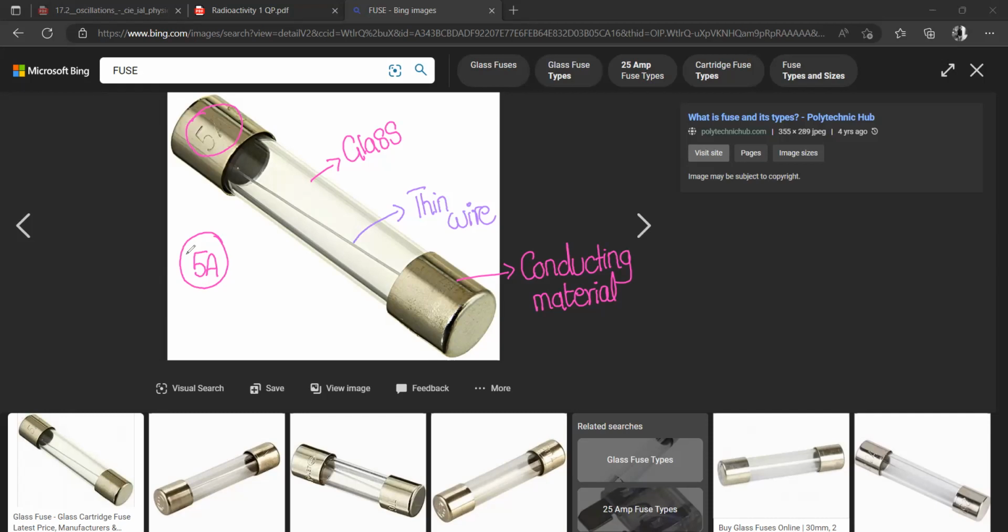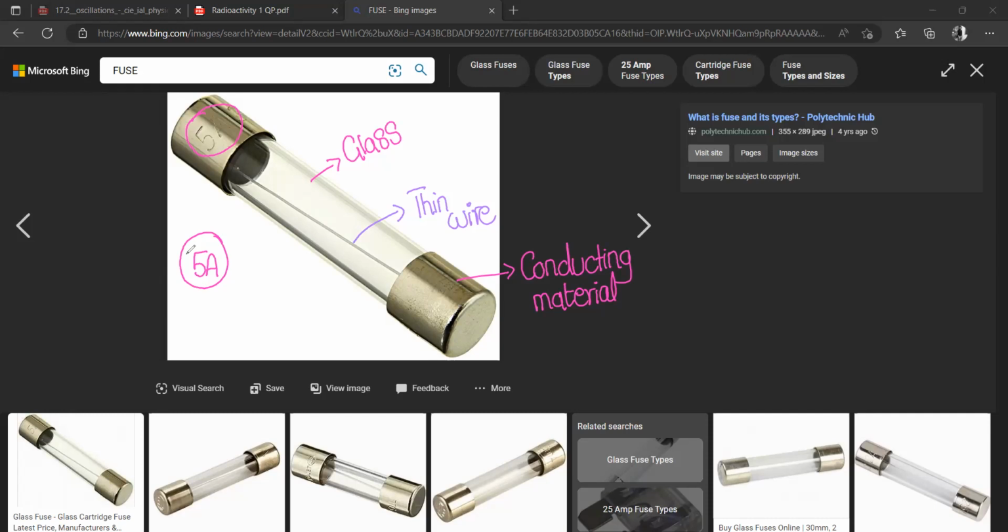So if current is greater than 5 ampere, the wire will melt and break the circuit. That's why it acts like a safety component in the 3-pin socket or 3-pin plug. So that's why we use fuse in devices or in 3-pin sockets, right?